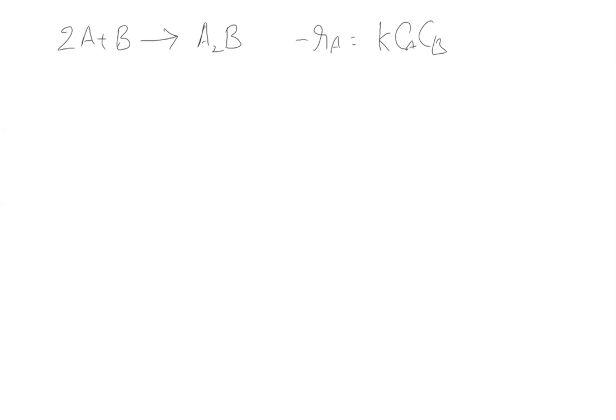First one. I think I'll write in little small letters. 2A plus B gives A2B, minus r equals k CA CB.